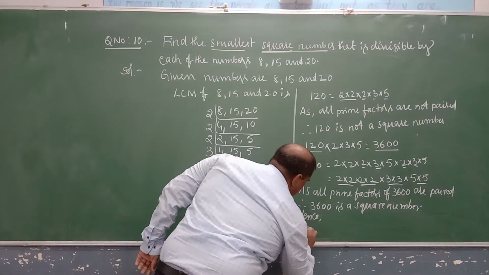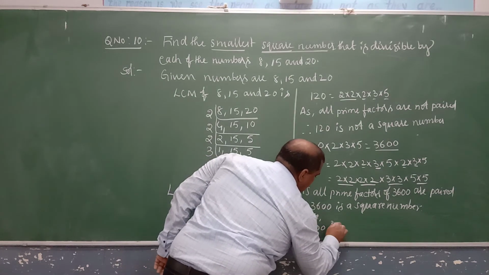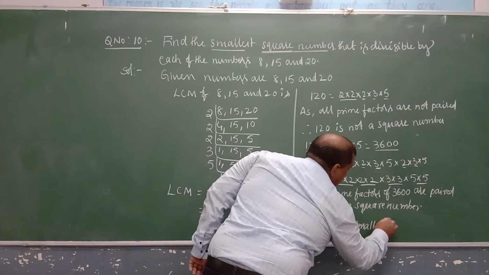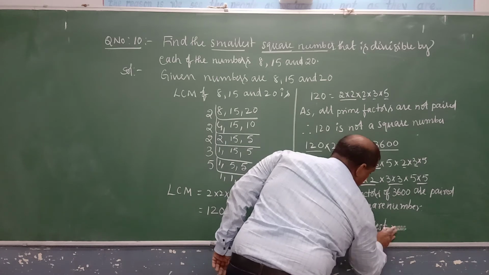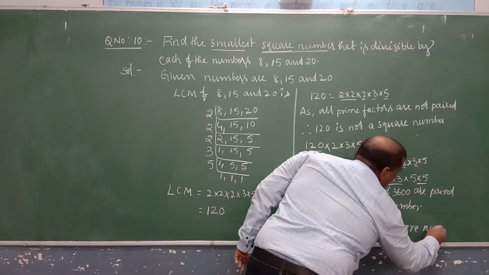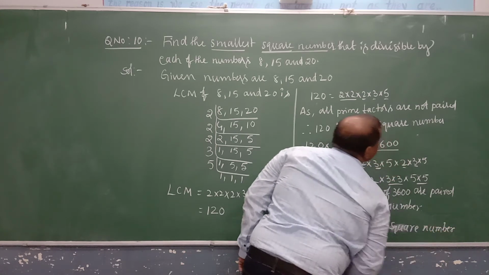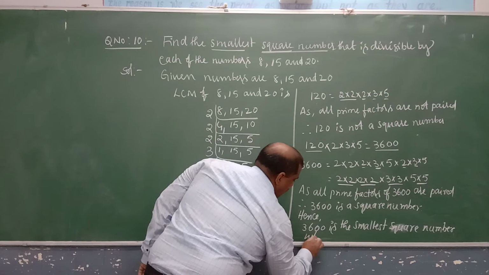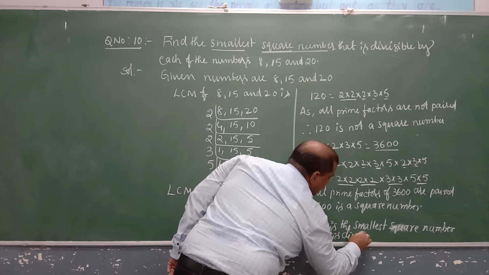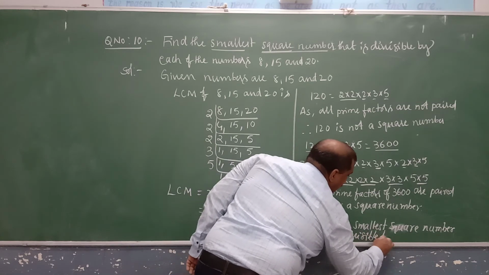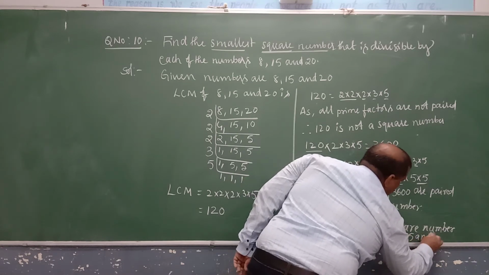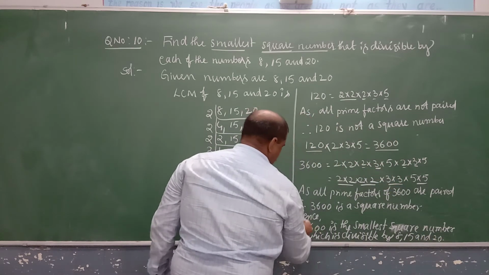Hence 3600 is the smallest square number which is divisible by 8, 15 and 20.